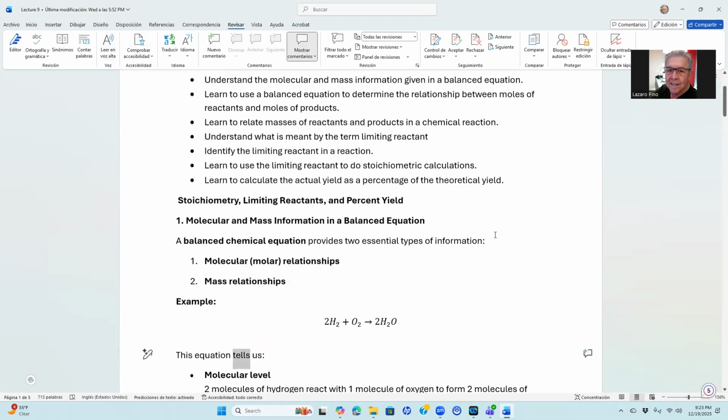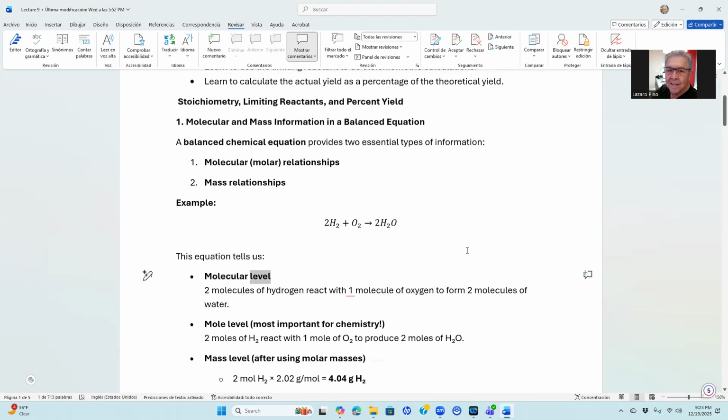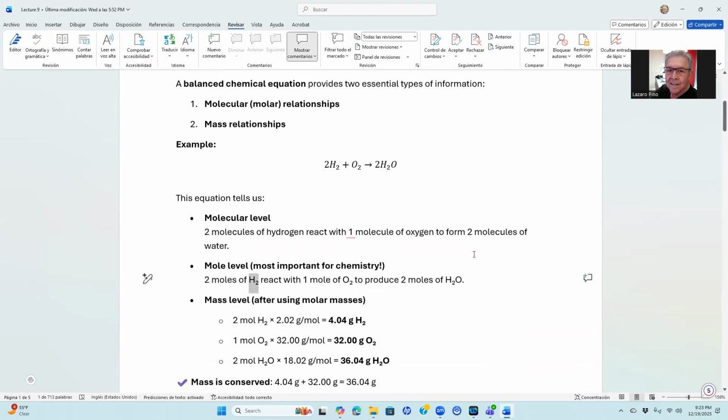This equation tells us, at the molecular level, 2 molecules of hydrogen react with 1 molecule of oxygen to form 2 molecules of water. Mole level, most important for chemistry: 2 moles of H2 react with 1 mole of O2 to produce 2 moles of H2O. Look, this is very, very important.